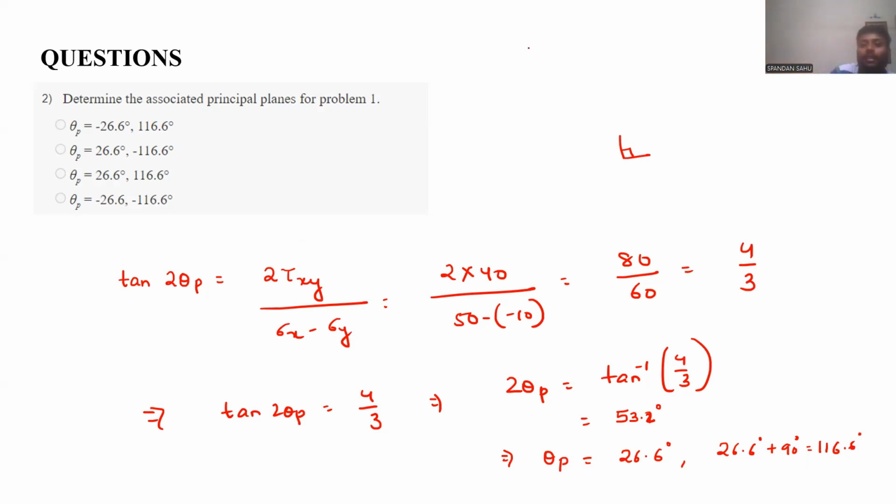Since how many principal stresses are there? Two. There are two principal stresses, sigma 1 and sigma 2. Since there are two principal stresses and they will be acting on two different planes, there will be two principal planes.